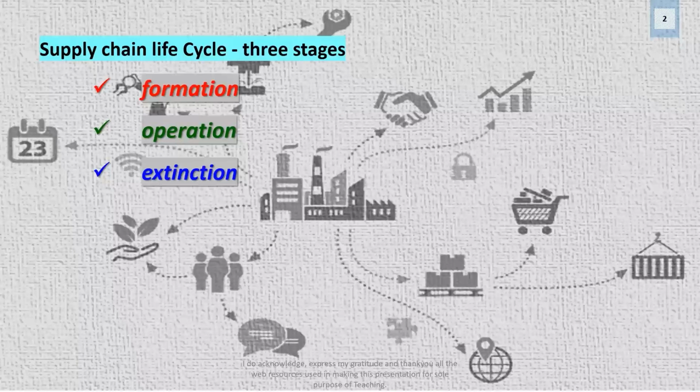Because you are closing one supply chain, but the business is not getting stopped. The operations are not getting stopped. In the majority of cases, we are migrating to other business models.